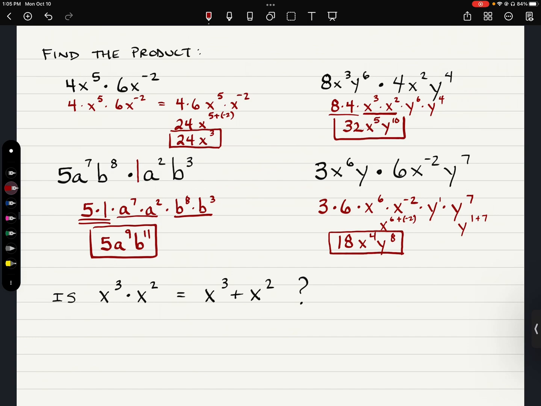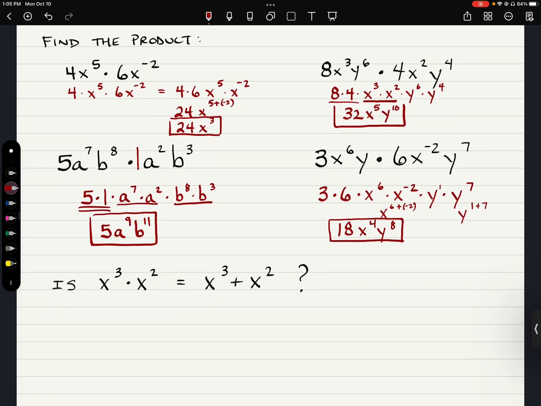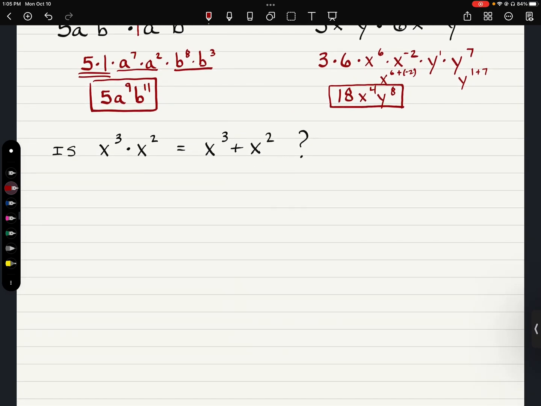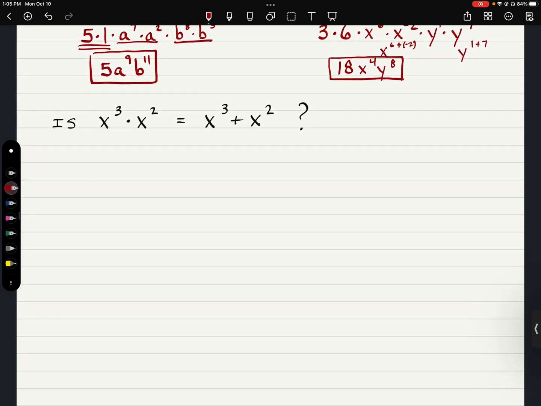Then the last question is x to the third times x squared equal to x to the third plus x squared? And I think the easiest way to determine if those mean the same thing is to plug in a value for x. Let's let x equal, let's just say 2. We could use some other numbers here, but let's use 2.